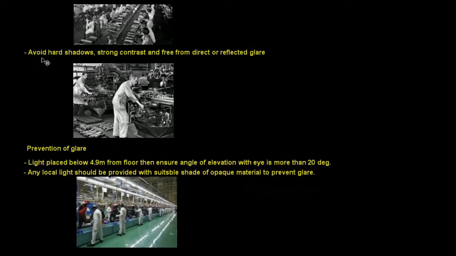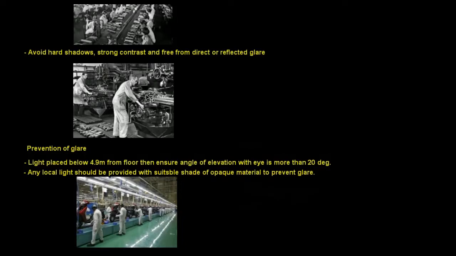Next one is to avoid hard shadows and strong contrast, and to be free from direct or reflected glare. Shadows are formed especially when an object comes in front of the light. It might be a structure or any other object, because of which the area where actual work is being carried out falls under shadow and the person's visibility decreases.